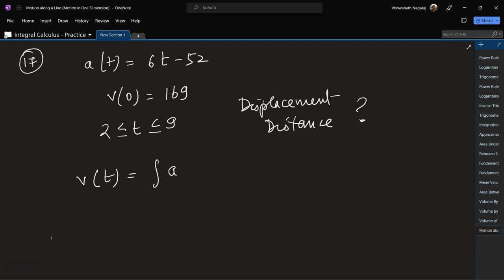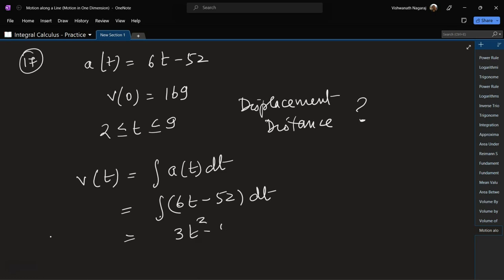So integral of A of t dt, 60 minus 52, which gives us 3t square minus 52t plus C1. But V of 0 is 169. So this becomes 3t square minus 52t plus 169.